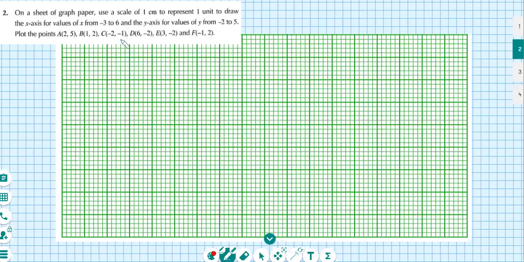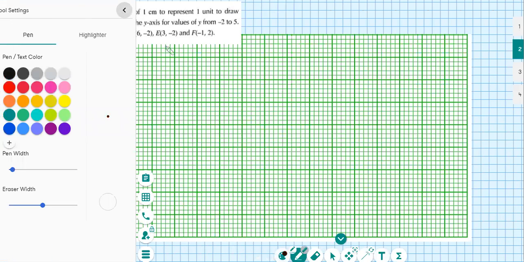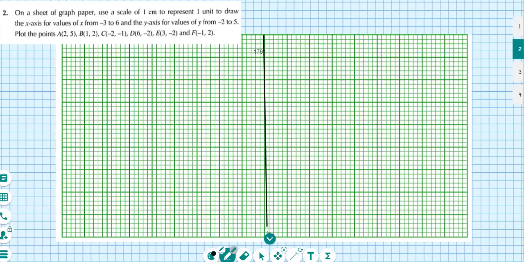Next question. On a sheet of graph paper, use a scale of 1 centimeter, actually one box is 1 centimeter, to represent 1 unit. Draw the x-axis for values of x from -3 to 6 and y-axis from -2 to 5. So suppose these are the axes.